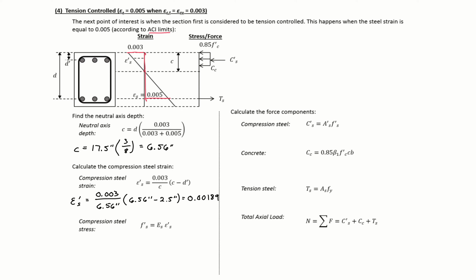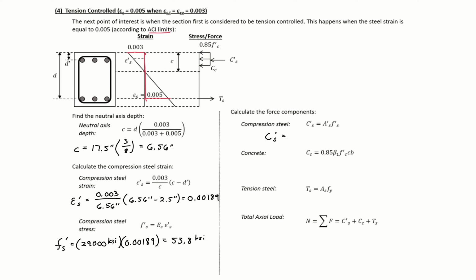So we're not yielded, so we need to find the stress in our top steel by taking our modulus times the strain that we just found to give us a stress value of 53.8 KSI.